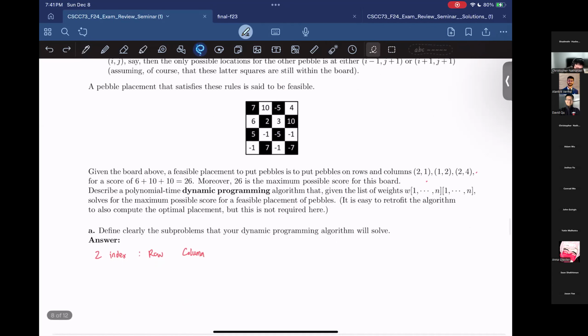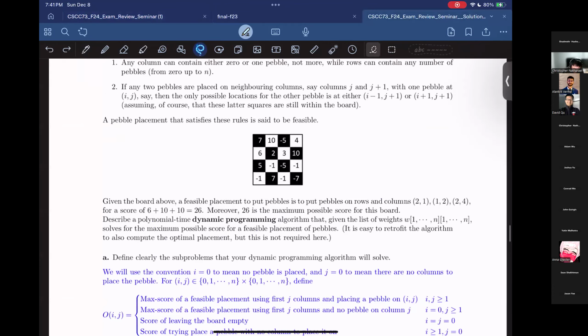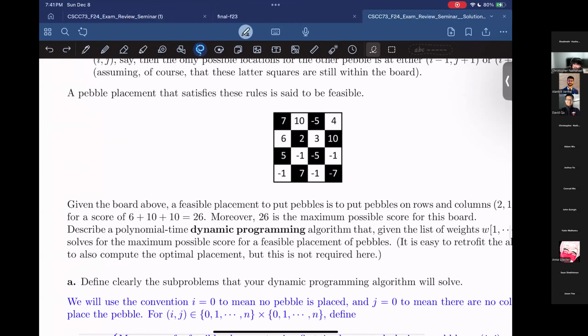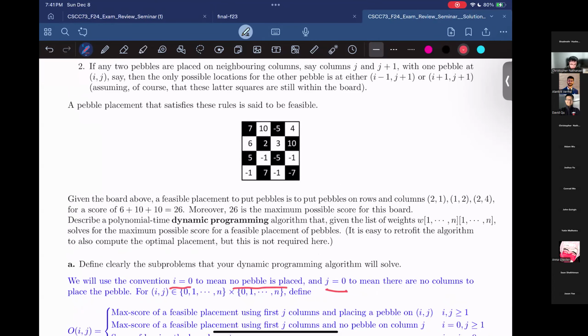So let's use the convention of i being 0 to mean that no pebble is being placed on it, and j equals 0 means that there are no more columns left to place the pebbles.